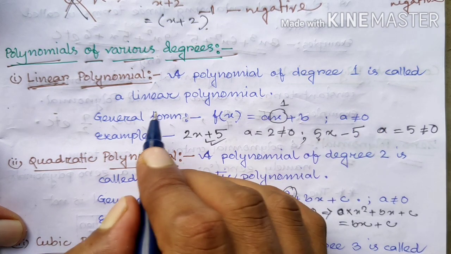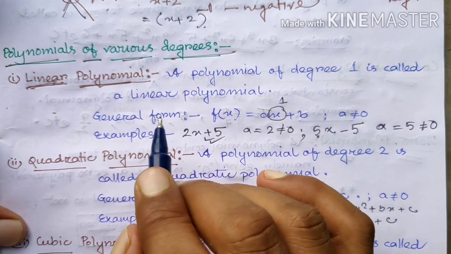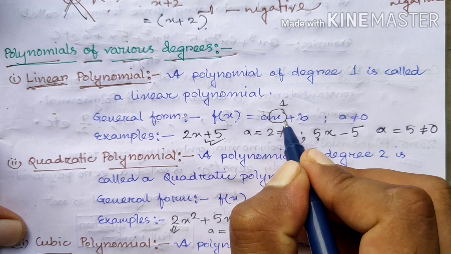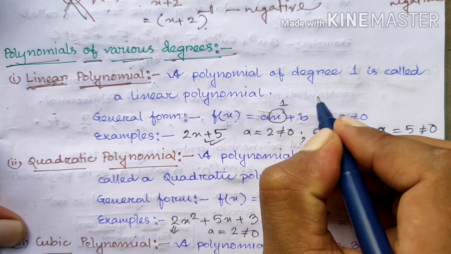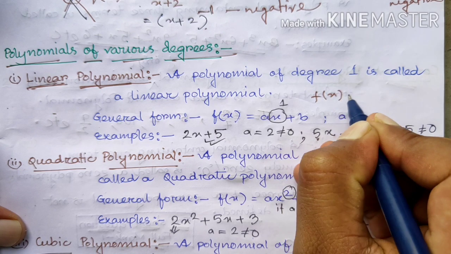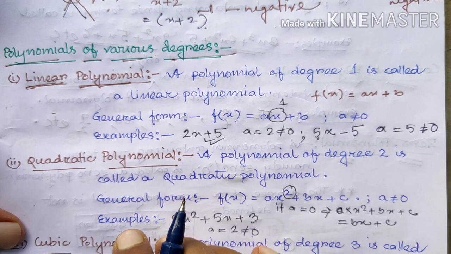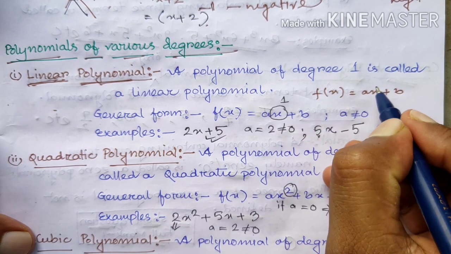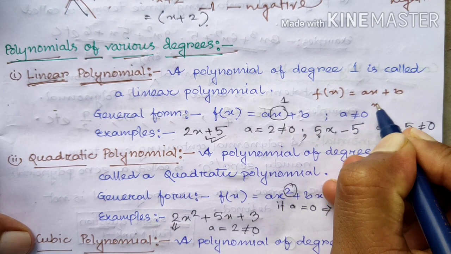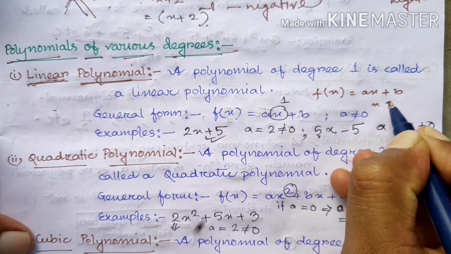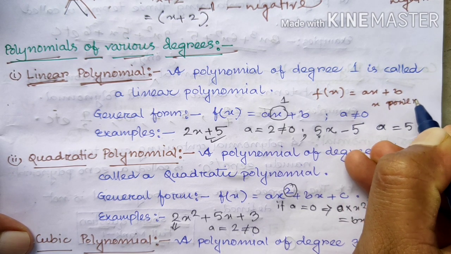General form of a linear polynomial: f(x) = ax + b. Here the degree of x equals 1 and a is not equal to 0. It means if a equals 0, then there is no variable in this function.